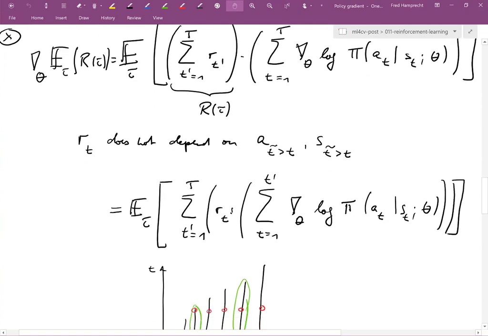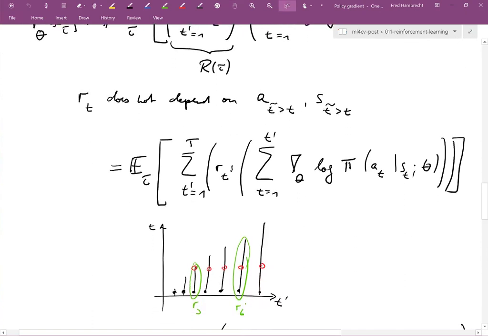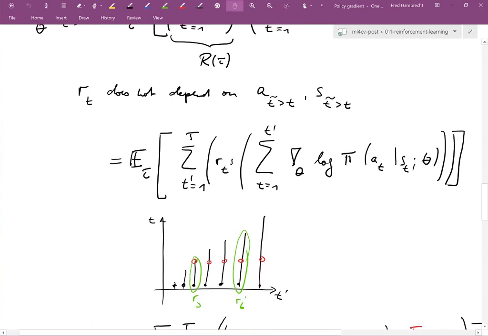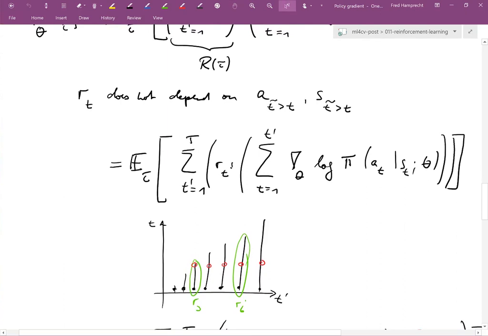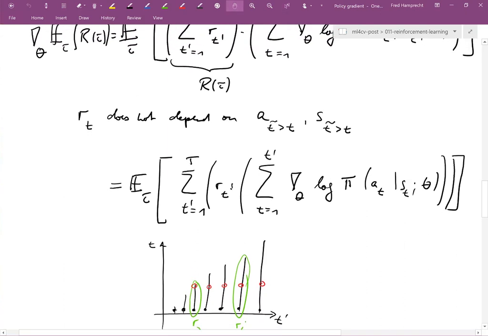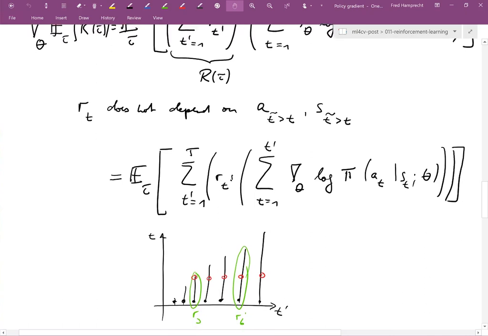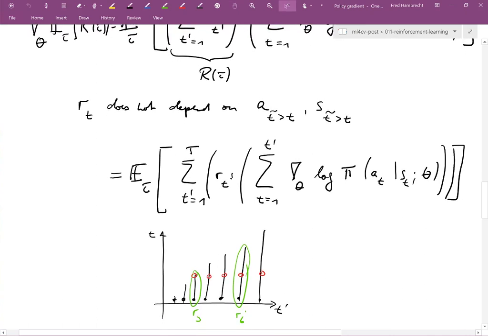And now in this diagram here, I tried to show we have now two indices, one index for t and one index t prime, that for a given value of t prime, all entries here, so all of this will be multiplied with the same reward, r of t prime. So this is what we have in the columns here.